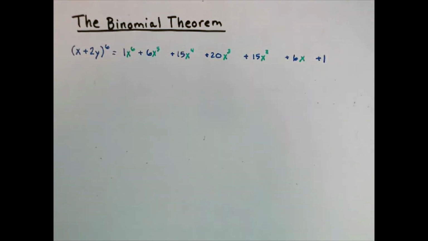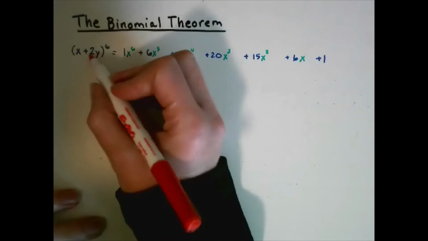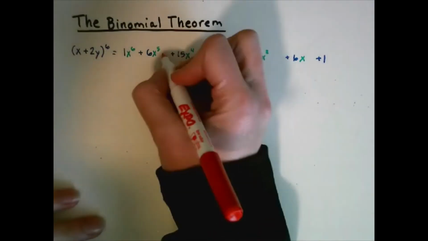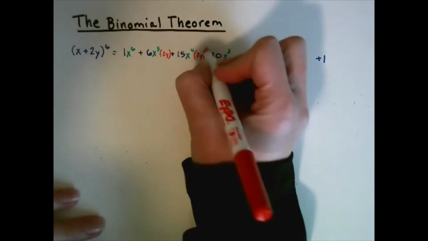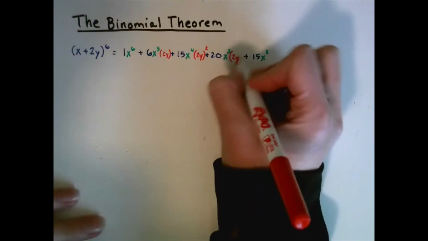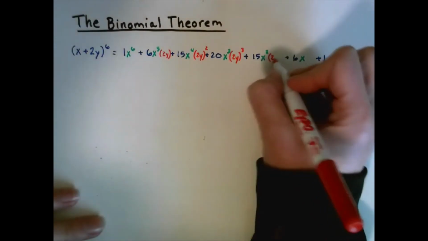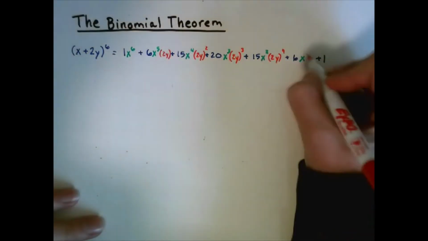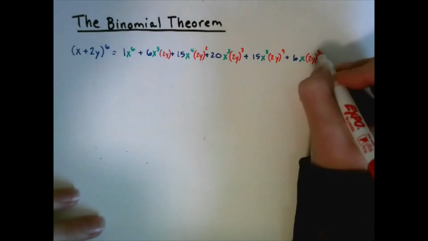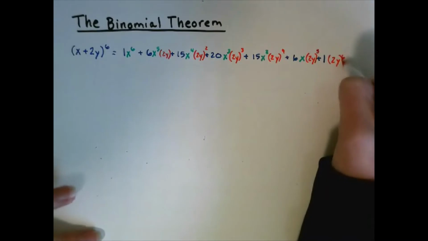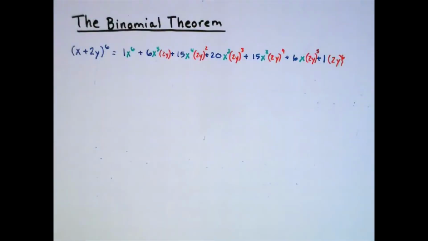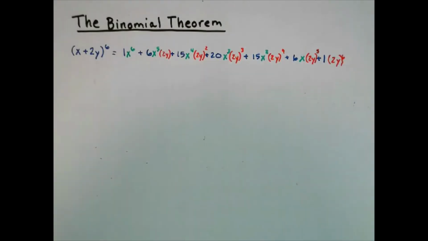Then we will have the 2y increasing, so 0, then 2y, (2y) squared, (2y) cubed, and notice I'm putting them in parentheses, up to (2y) to the 6th. I'm putting it in parentheses because the y will get raised to the power, but the 2 will as well. Okay, so this is going to take a few more steps.